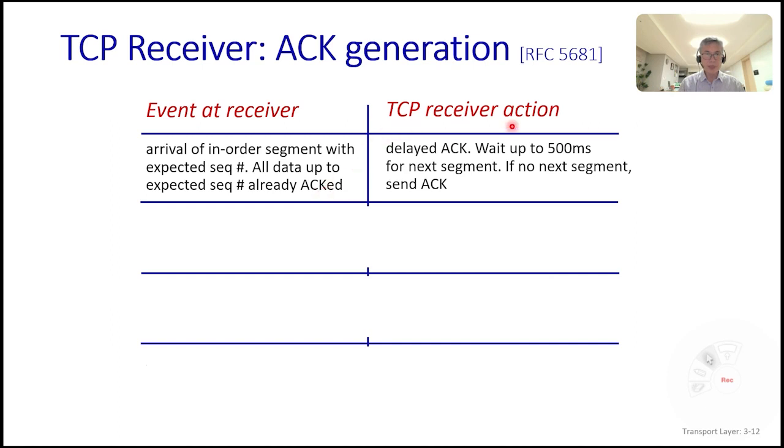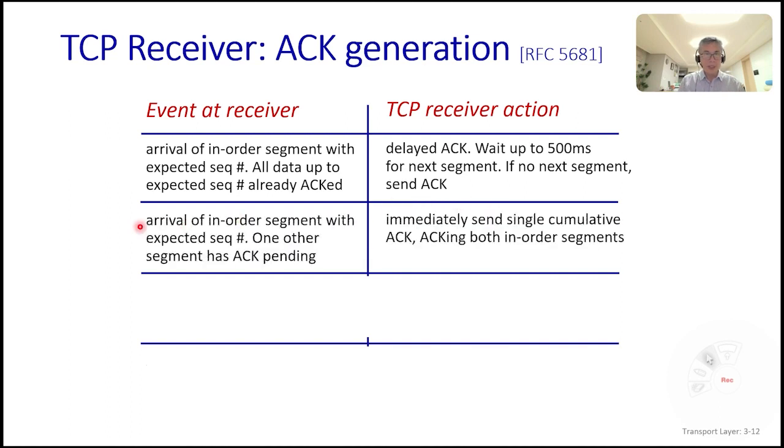This is the regular state condition. The TCP receiver action is delayed ACK: rather than responding immediately, wait up to 500 milliseconds for the next segment, because we try to support cumulative acknowledgement and also reduce the number of acknowledgement segments. If there is no next segment, send the ACK.